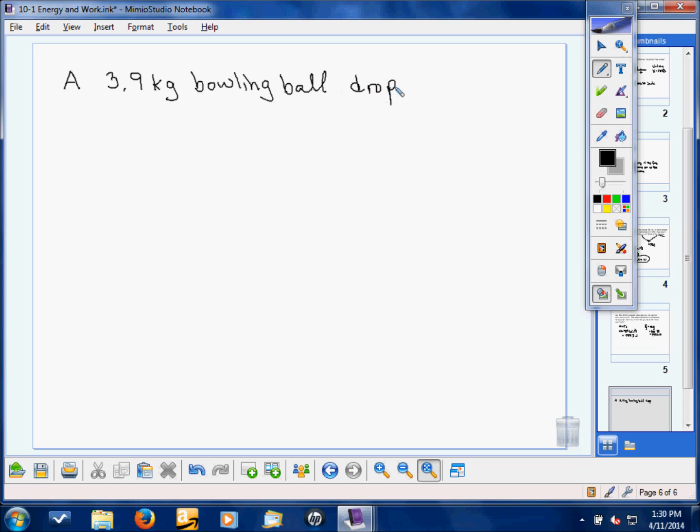It drops from the second story window, that is, let's see, 5 meters from the ground.